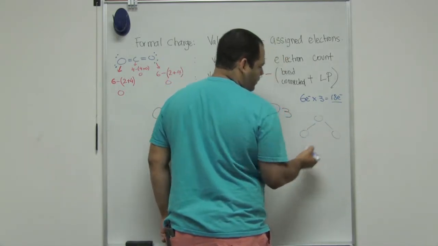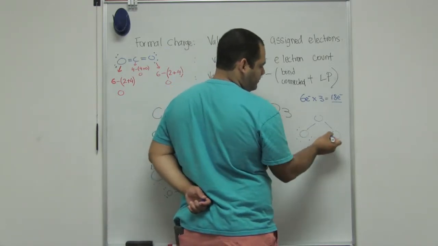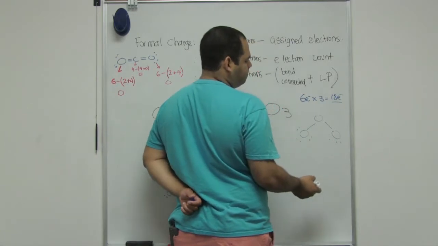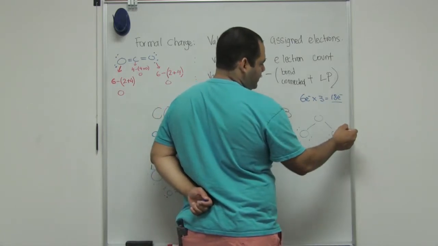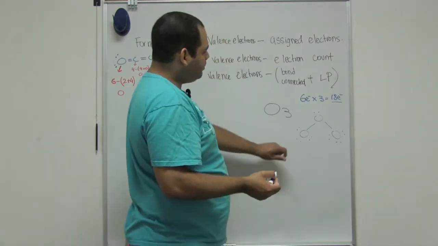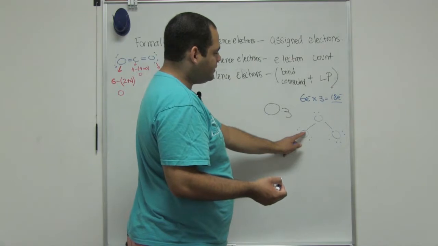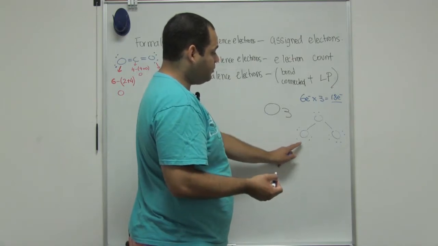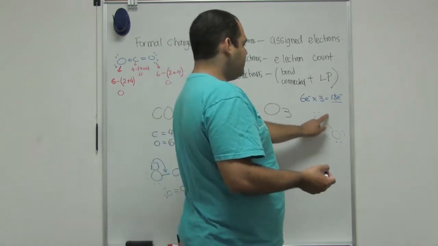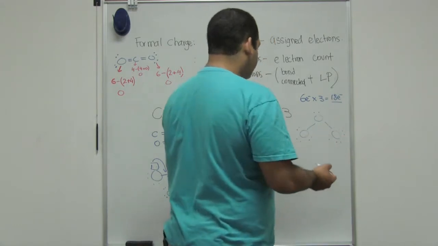So 2, 4, 6, 8, 10, 12, 14, 16, 18. If I look at this particular atom here, I have 8 valence electrons, so this is happy. This one is not, because it has only 6 valence electrons, and this one also obeys the octet rule.